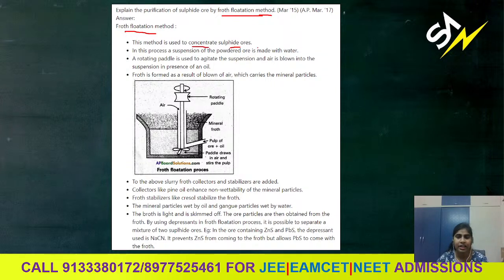This method is used to concentrate sulfide ores, mainly sulfide ores. What do we do in this process? In this process, a suspension of the powdered ore is made with water. Next, a rotating paddle is used to agitate the suspension, and you can explain it with the help of a diagram.